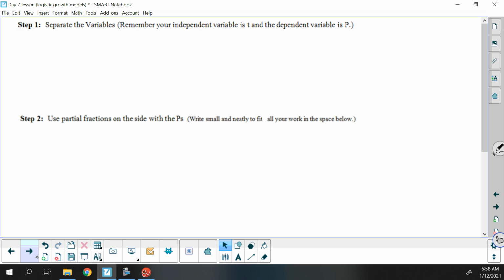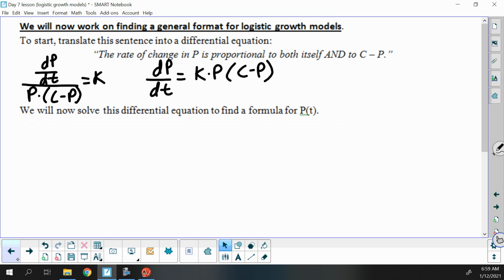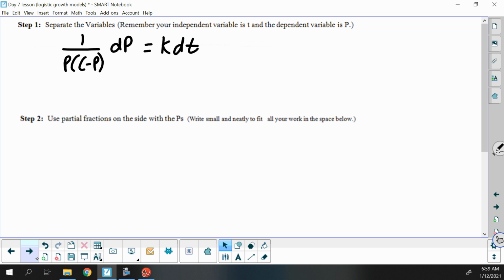I'm going to write it as 1 over P times C minus P, and then dP, and that's going to equal K times dt. Where that's coming from, we multiplied the dt over with the K, and divided the P and the C minus P over with the dP, because P is kind of like our Y value, and T is kind of like our X value.